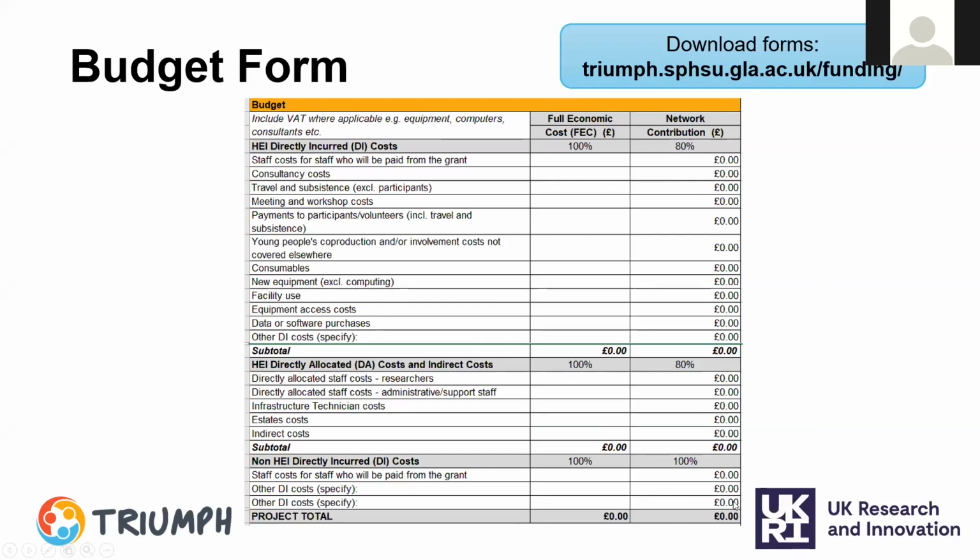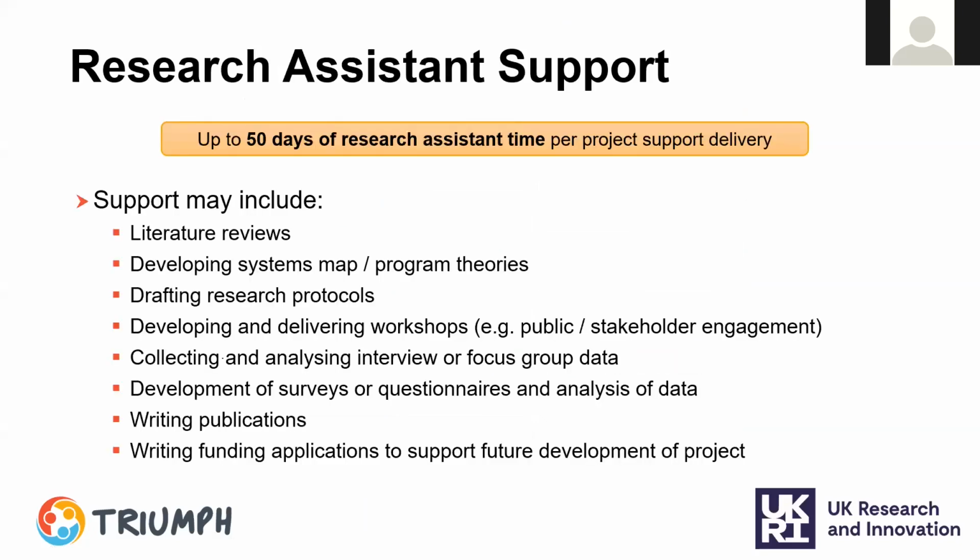And it's this number at the bottom right of the project total under the network contribution column, which needs to be less than £30,000. Hopefully this is making sense. If not, please do get in touch and we can answer any questions around this. So just get in touch with us if you do have any questions about the funding.